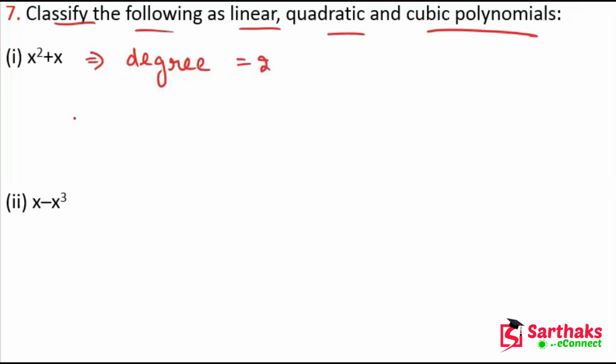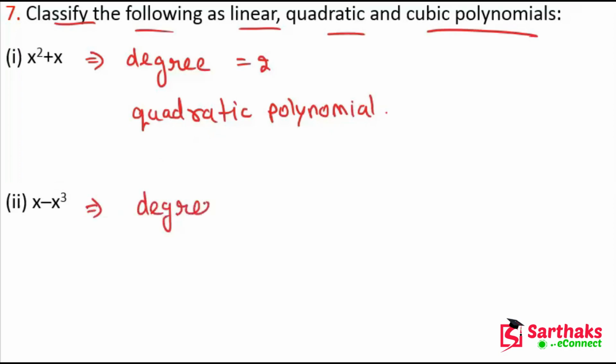So we can say that this polynomial is quadratic polynomial. Okay. Now in this, degree is what? Degree is 3. So we can say that this is cubic polynomial. Okay. I hope you understand these things.